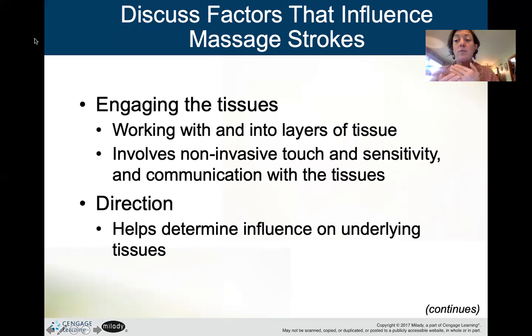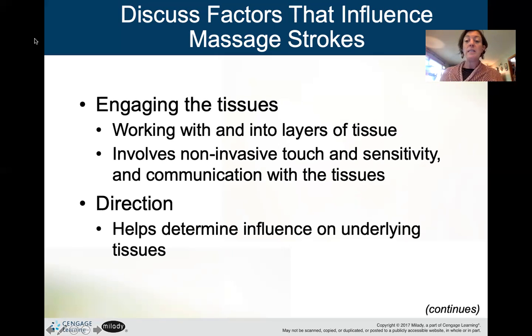Direction. By direction, they are actually just talking physically, direction. I'm going to apply friction, but which way am I going to go? This way, which will help loosen up the fibers. But if I do cross fiber, it's going to loosen up even more. If I go towards the heart, it tends to be more relaxing, whereas pulling away from the heart can be more of a stimulating effect.